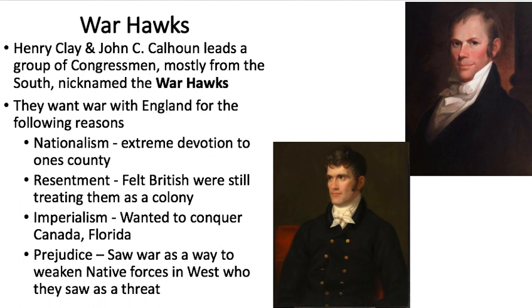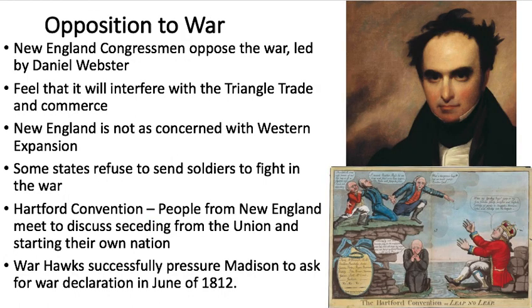Not everybody was big on the war, though, especially people in New England. Like this guy, a senator from New Hampshire by the name of Daniel Webster, who's going to be another big figure in America and American history in the 1800s.